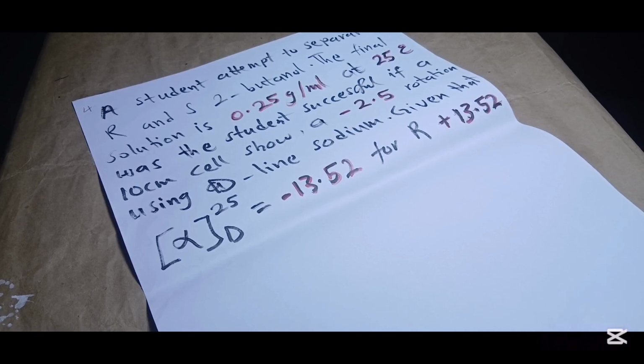Specific rotation tells us the ability of a solution to rotate plane polarized light, and almost any given chiral solution has a specific rotation.